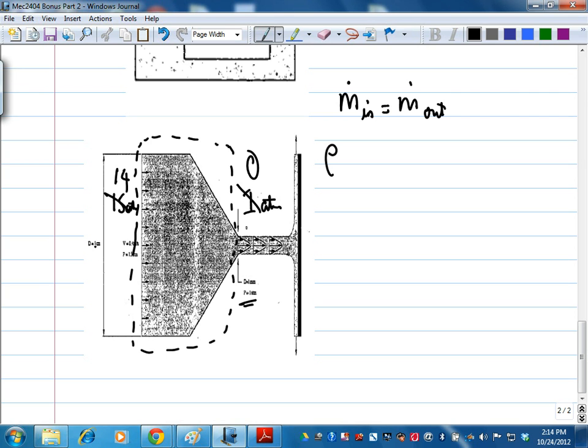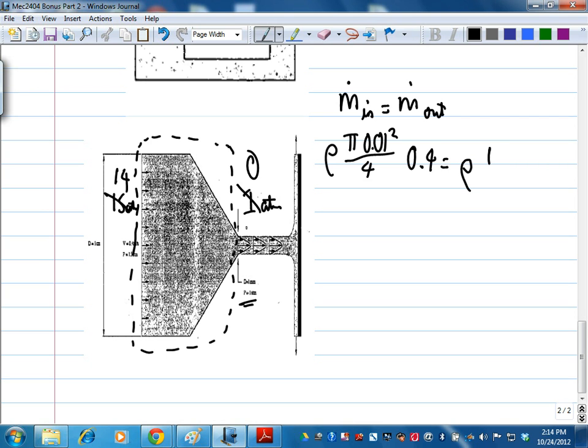What's this area here? 1 mm. Rho, area is pi D squared over 4. Velocity is what? Rho, okay, that one is constant.